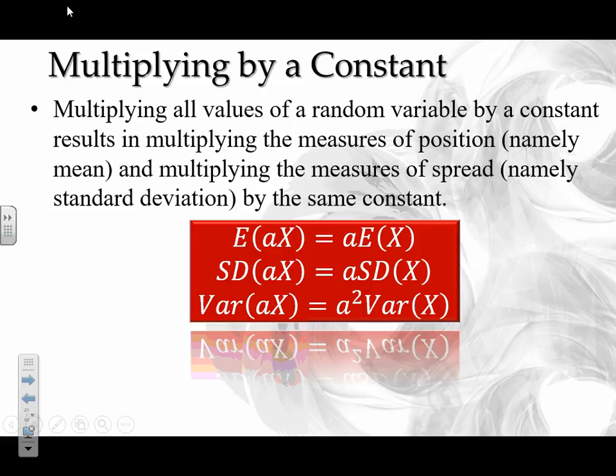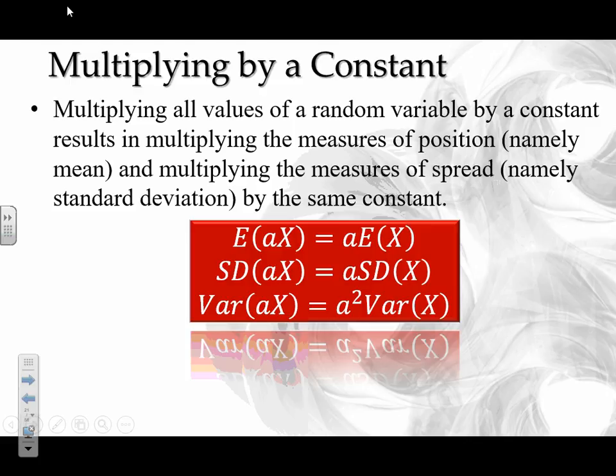same result. Now, the one that's a little tricky is variance. For our purposes right now, mean and standard deviation are pretty much the only ones we're going to be dealing with. But variance is going to come into play a lot more next week when we come back Monday. Monday, we're going to talk about combining random variables.